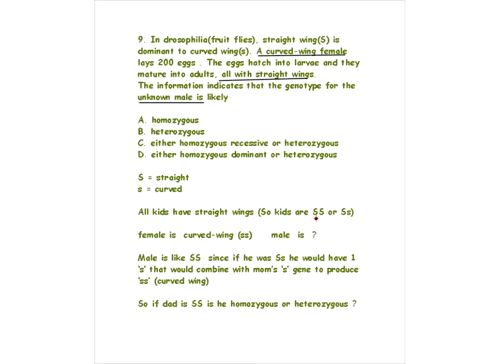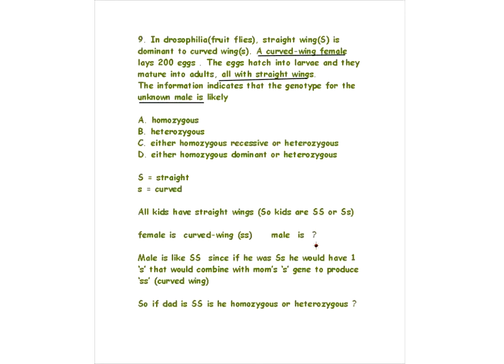Well, we can say they're either two capital S's or big S, little s. We don't know yet, but you can just write that down because that might help you later on if you write it out as two big S's or big S, little s. Now, the mom is curved wing, so two small s's, and we need to know what are the dad's genes.